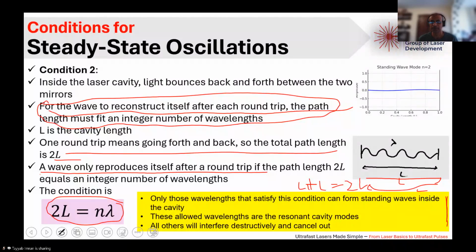So these are the two conditions. And what you see here is N, the standing wave modes. N equals 1 if there is one wave, N equals 2 if there are two waves, N equals 3 if there are three waves. You can see here, this is 1, this is 2, this is 3. It helps you to understand.